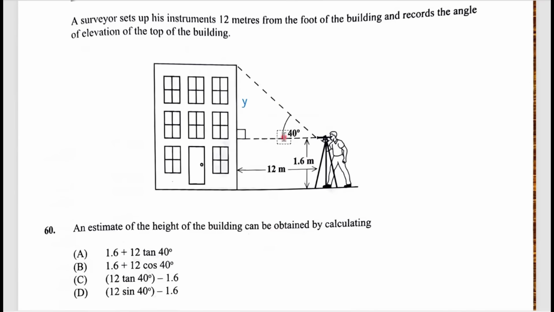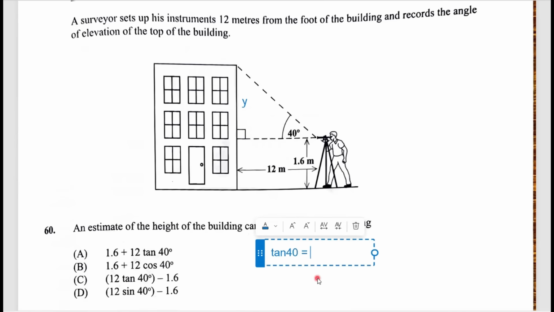Tan 40 is y over the adjacent, which is 12. So tan 40 is y over 12. And y will be 12 times tan 40.